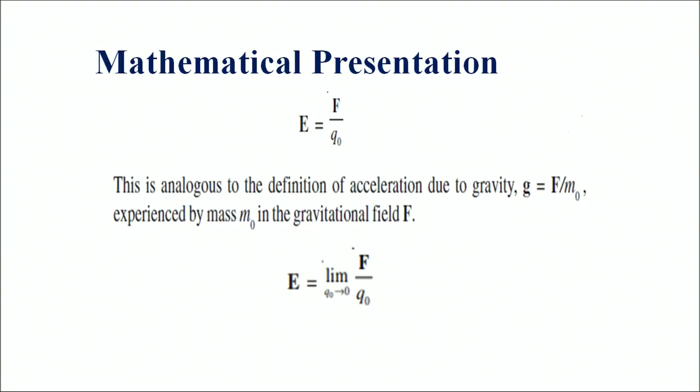Now, this test charge Q naught, which has been introduced to define electric field, should be infinitesimally small, as given in this equation, E is equal to limit Q naught approaches 0, F upon Q naught.